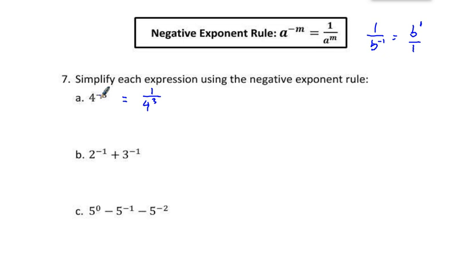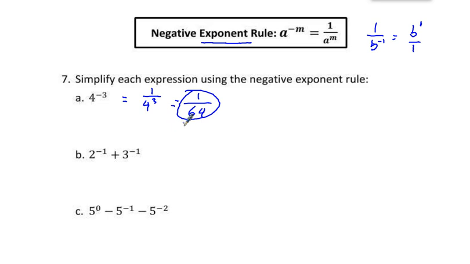Only the exponent becomes positive with the negative exponent rule. And 4 cubed is 64. So our final answer, 1/64.